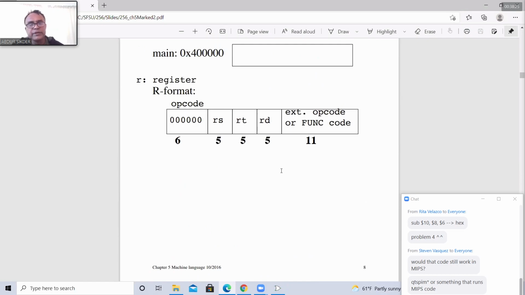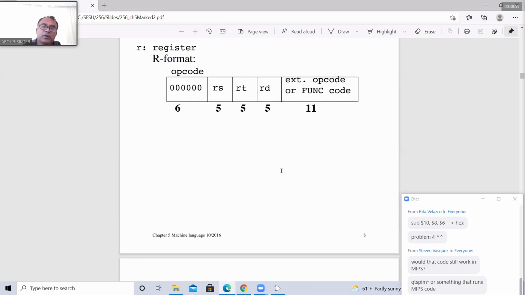So you have 32 bits. The opcode is 6 bits, RS 5, RT 5, RD 5, and the function code or extension opcode is 11 bits. So total 32 bits. That's the R format. You did a lot of practice on R format, and you may have a question for R format, from MIPS code to machine code or machine code to MIPS code.